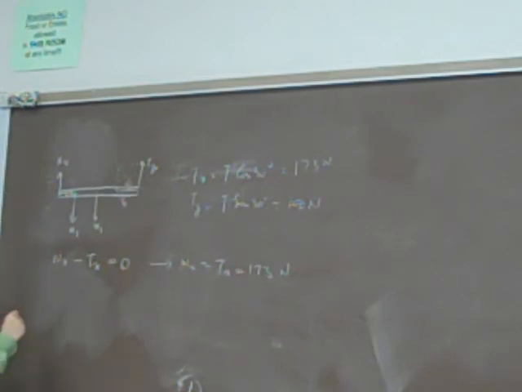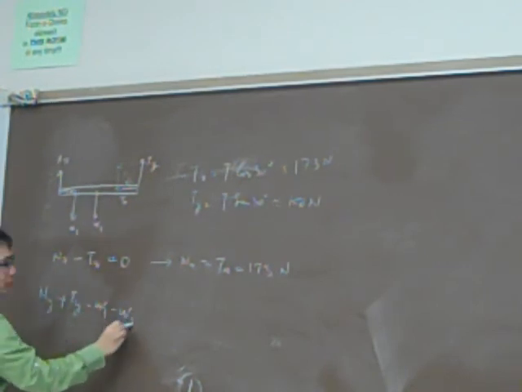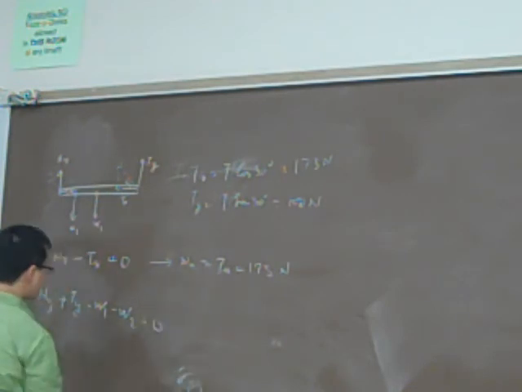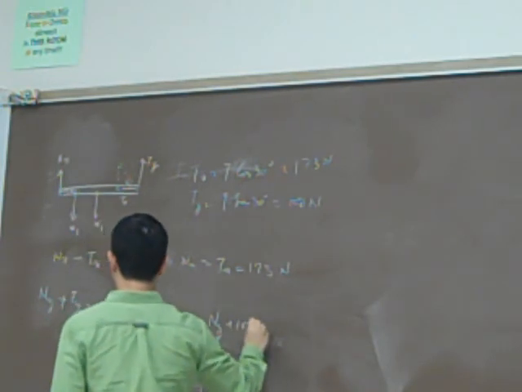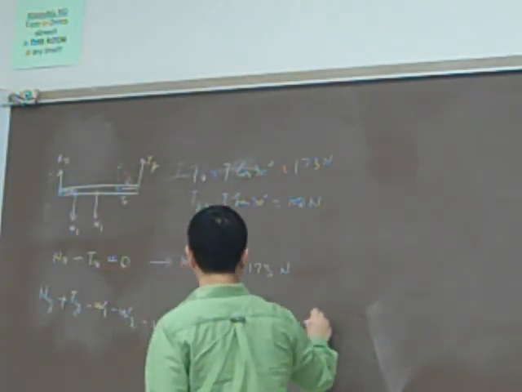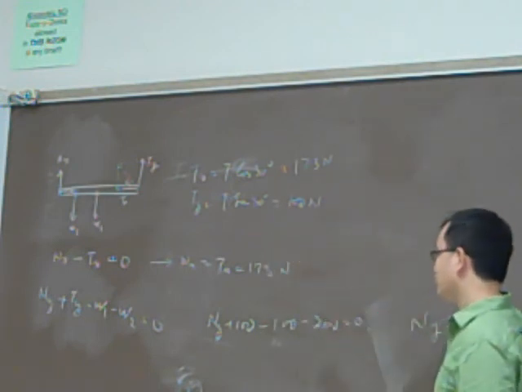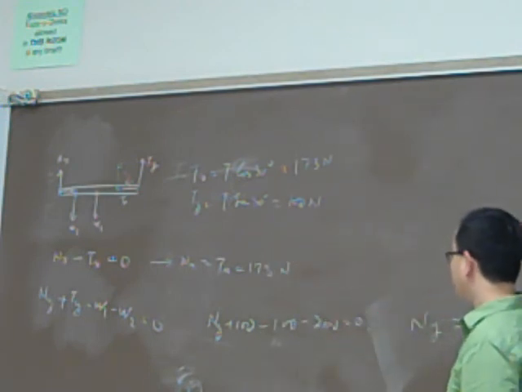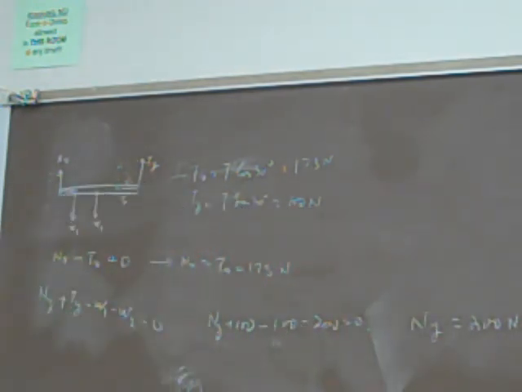And along the y direction, you should have Ny plus Ty minus W1 minus W2 equals 0, right? So Ny plus 100 minus 100 minus 200 equals 0. So Ny equals 200. Okay?